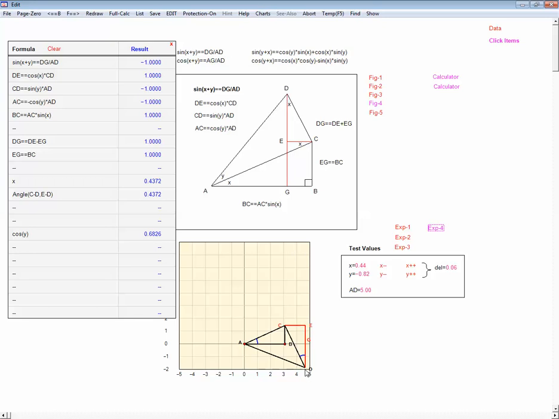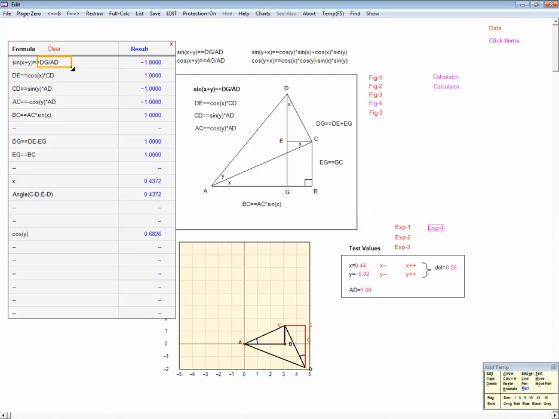But look at our new picture. Here's dg, D to g. Here's A to D. And in our formula, those are always positive numbers. Those are always magnitudes.